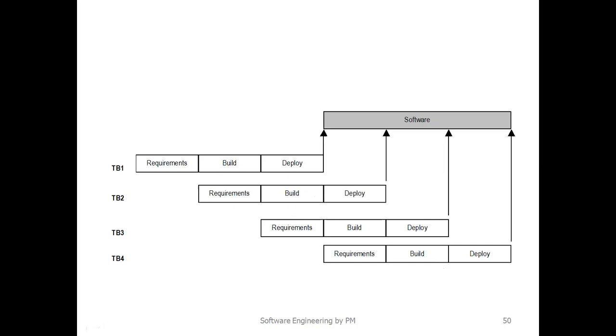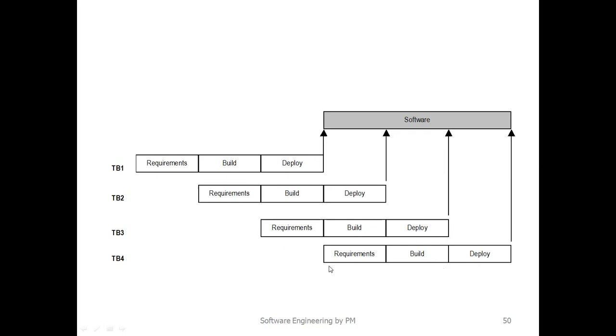Supposing we have employed iterative development for this particular work. That means this will require T. Then on completion of this one only, the next iteration can be started. This also will require T. Then on completion of this one only, this could have been started.